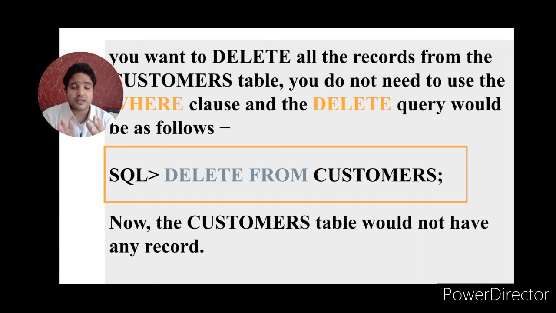Students may become confused: is the alter command also used to update the value? No, the alter command is used to change anything in the table structure, not the information. But the update command is used to change the information in a table. Update is part of the DML commands and alter is part of the DDL commands.